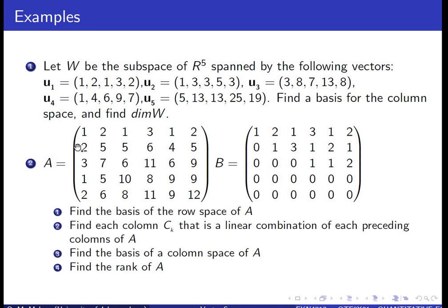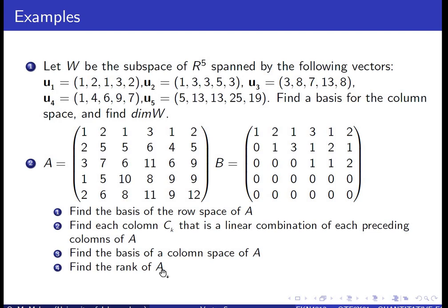So such columns will be 1 2 3 1 and 2, 2 5 7 5 6, and 3 6 11 8 11. So those are the bases for the column space.